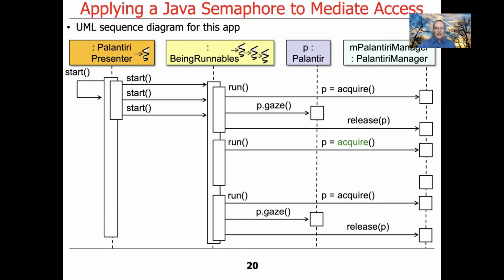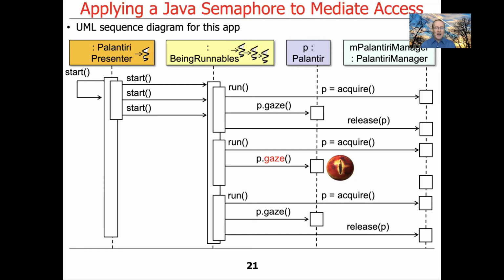At that point, the thread that had been blocked, waiting to acquire it, will now be able to gaze. This is a good example of why we want FIFO semantics, or fair semantics, for our semaphore.